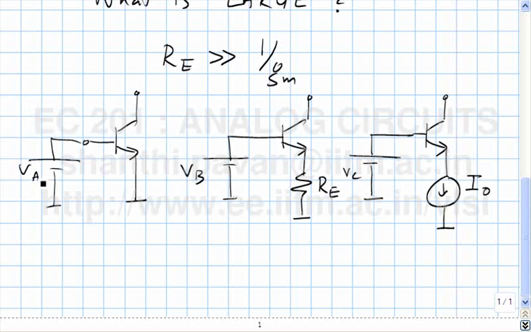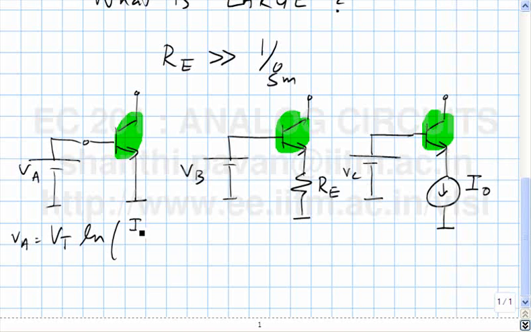Further, let us say VA has been chosen to be, in all these three cases, the transistor is identical. The base current is 0, let's say, and we have chosen VA to be equal to that which results in a collector current equal to I naught. So what should VA be? VA must be equal to VT ln I naught by IS.